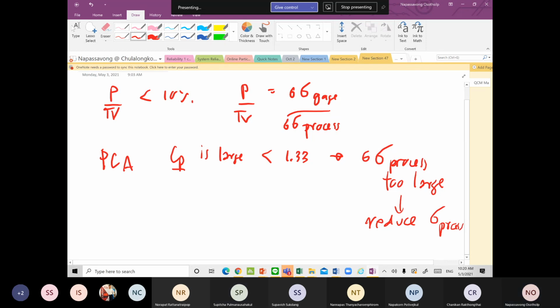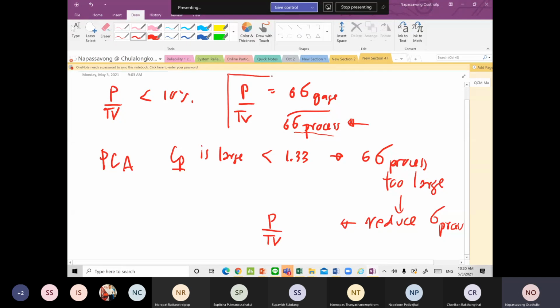And so Supicha, if we reduce the variation of the process, if you take a look at this formula, when the sigma of the process is reduced, what will be the effect on P to TV?